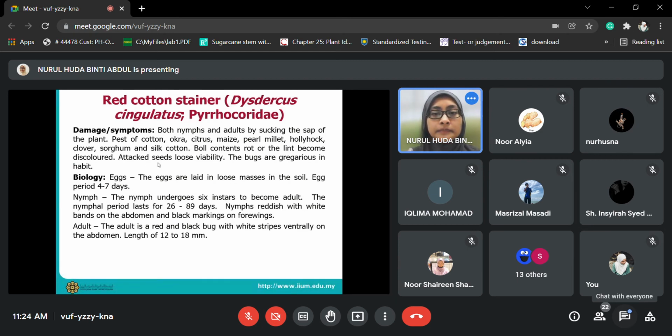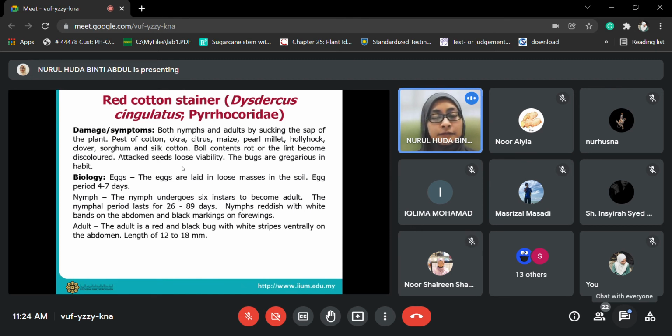Okay, so usually when the adult, dia sucking sap either from the plant itself, maksudnya dari bahagian pokok tu, sama ada batang ataupun young shoot. Okay, but they also can feed on the boll ataupun when we say that dalam kes ni cotton, okay, boll tu refers to cotton lah.